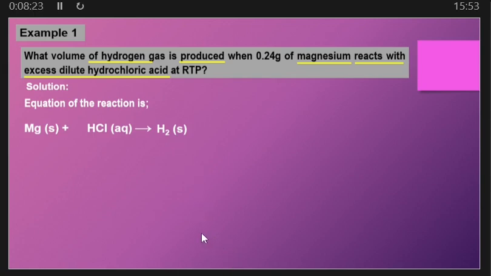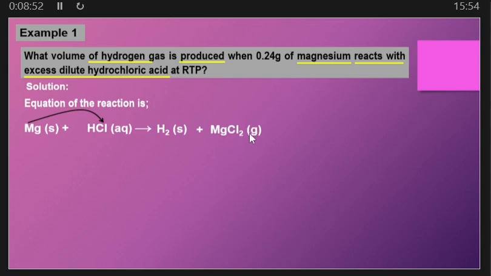Then what we should know is that in this reaction, it is a displacement reaction in which magnesium reacts with the chlorine. What happens when magnesium reacts with chlorine? Magnesium chloride is formed. So apart from hydrogen, magnesium chloride is formed, and this is solid.